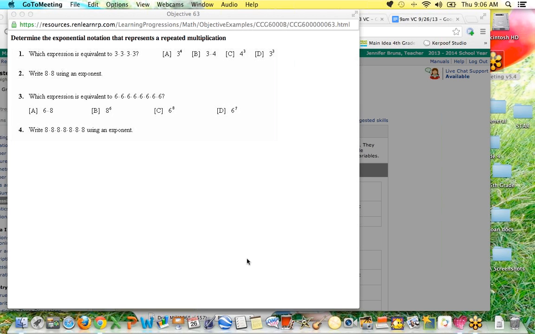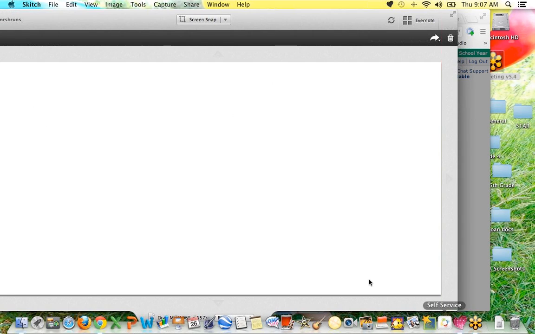You might have to use some words to type it out. Very good, Clara. So she typed in there 8 squared. Using standard notation, it would look more like this. 8 to the 2nd power is the same thing, very good Sienna, as saying 8 times 8.